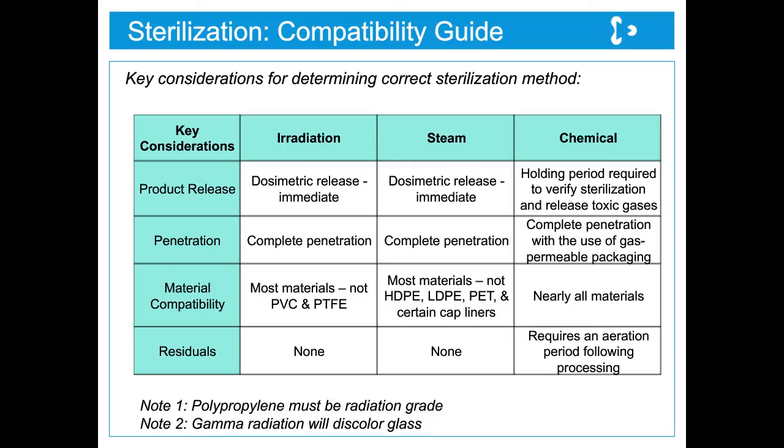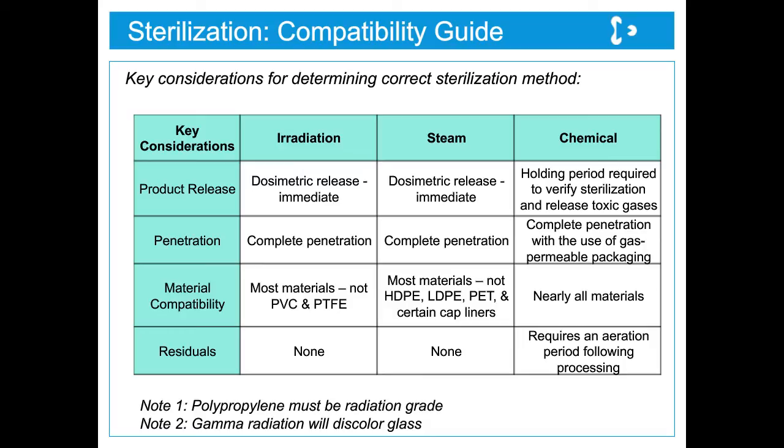When it comes to penetration, all three methods do have complete penetration. However, with chemical, you need to make sure you're using gas permeable packaging when you're actually performing the sterilization method. Material compatibility, irradiation, it's most materials, however, it's not compatible with PVC and PTFE.